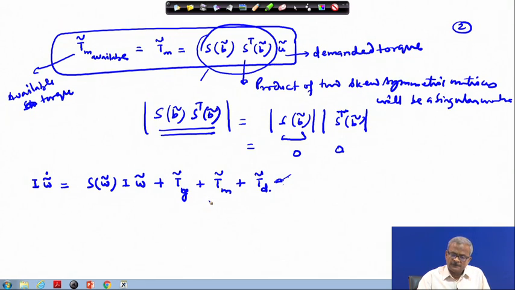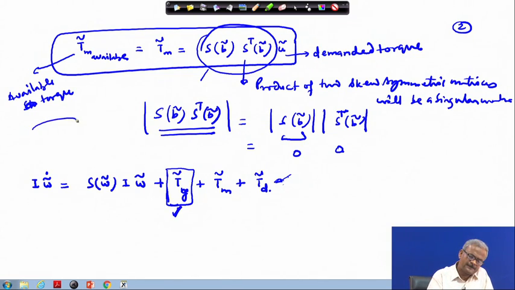In this equation, as you can see, this is the gravity gradient torque, this may be stabilizing, this may be destabilizing depending on the configuration of the satellite. As you have learnt in the gravity gradient chapter, if the satellite is in this format, this will be stable about this pitch axis.